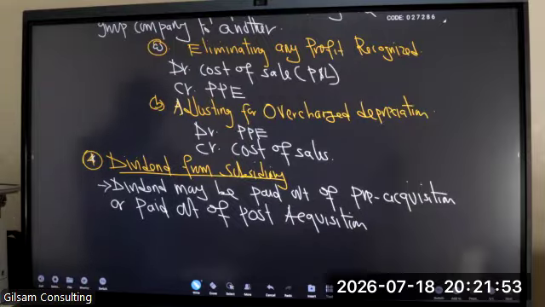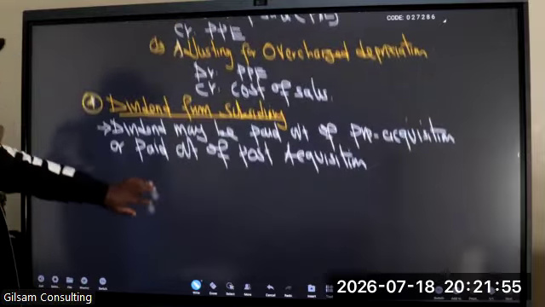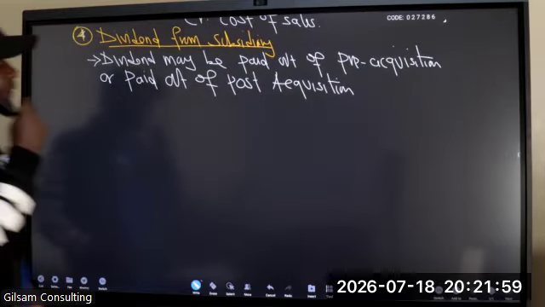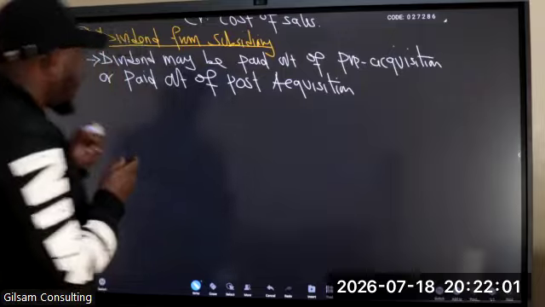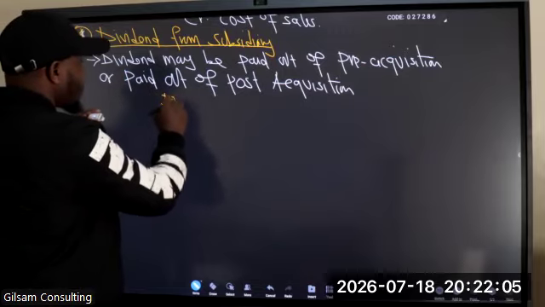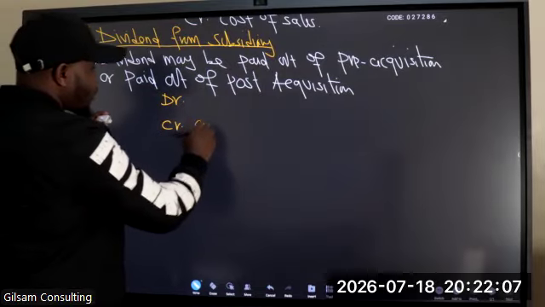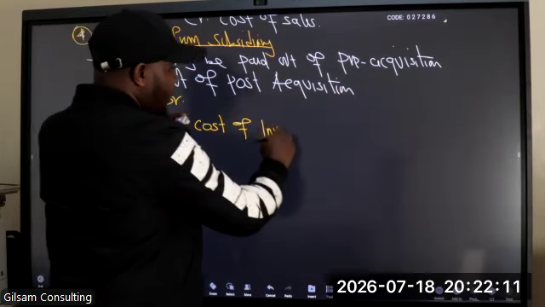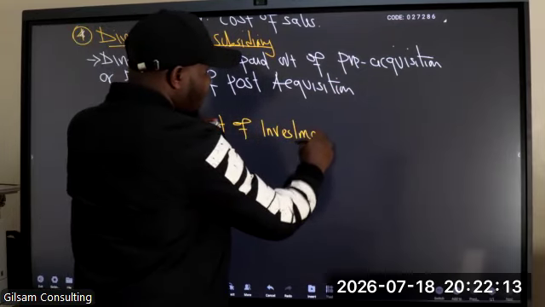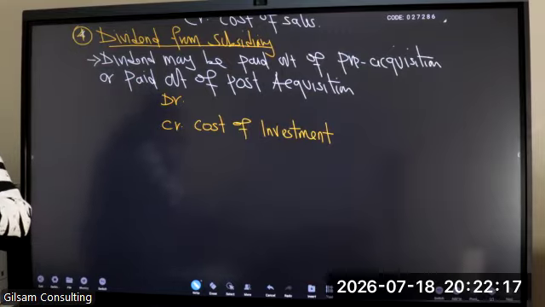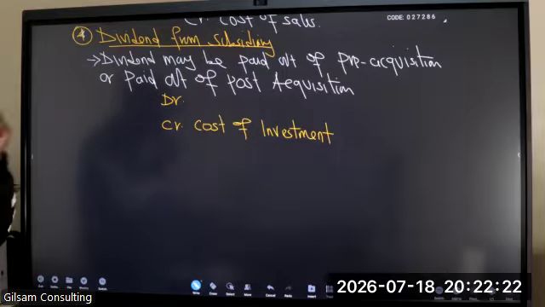So let's see the journal of dividend from a subsidiary. We credit the cost of investment, removing it from the cost of investment, and then we debit the cash, bank, or dividend receivable.